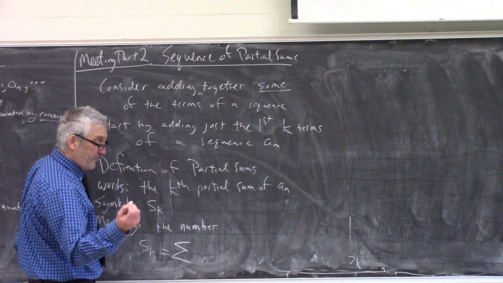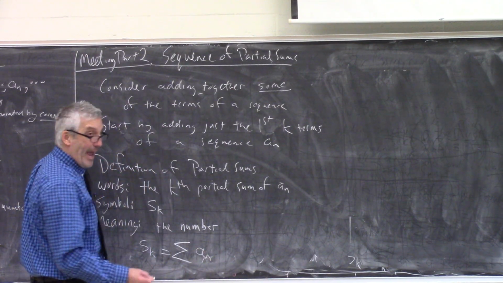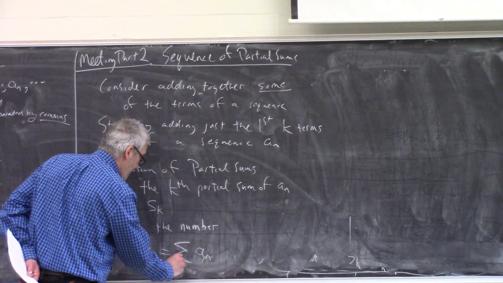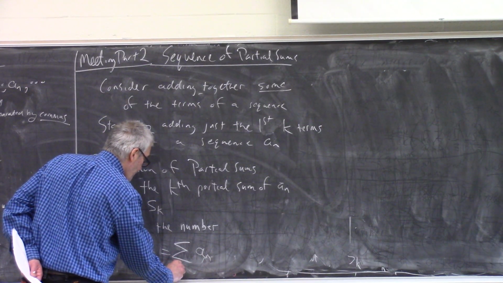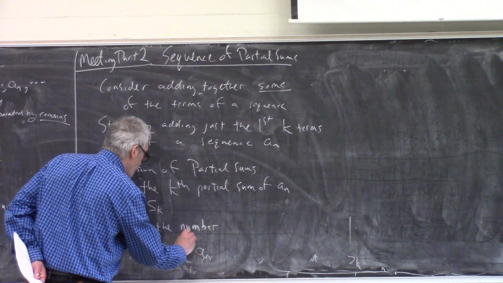You take the terms in the sequence a subscript n, and you add together the first k of them. So the summation symbol is used for that. We start with n equals 1, and we end with n equals k.